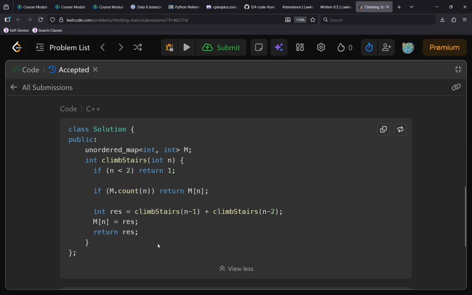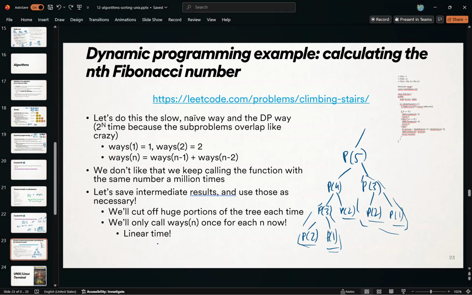That helps you cut off the problem, and it turns it into a linear time solution because it'll look like this. P of 5 will call P of 4, which will do the hard work, which will call P of 3, which will call P of 2, that's a base case, kind of. P of 3 will call P of 2, P of 1.